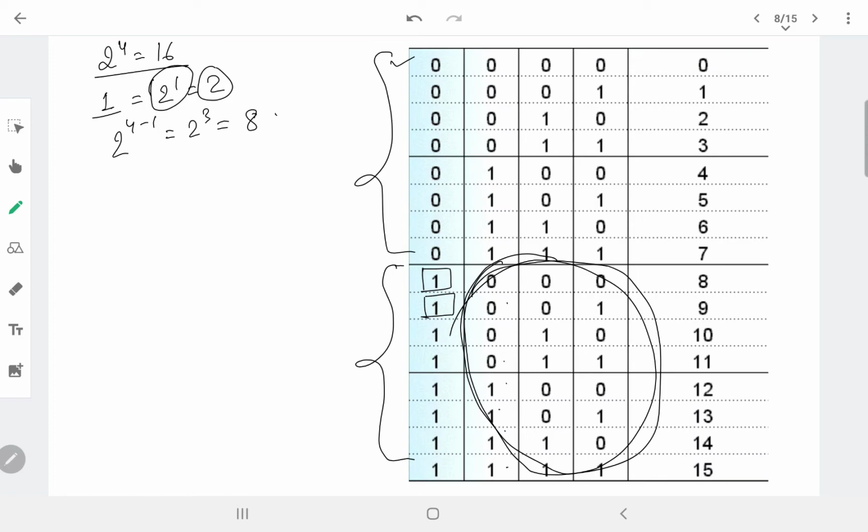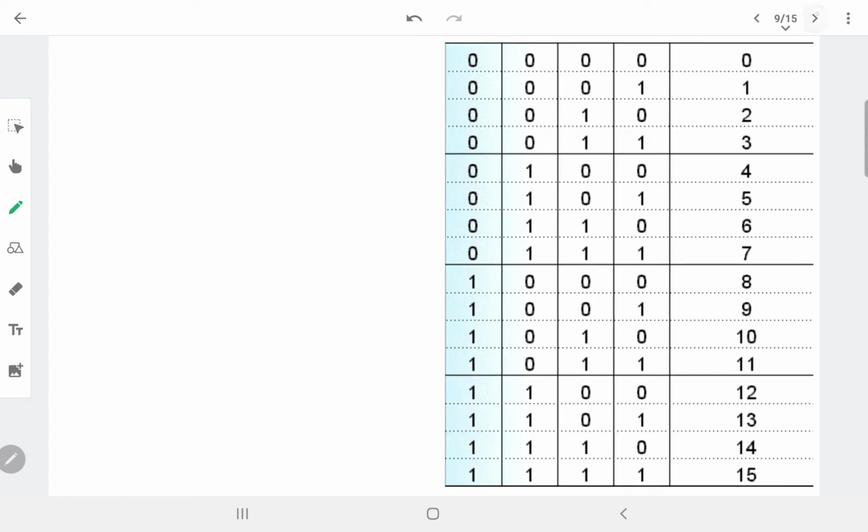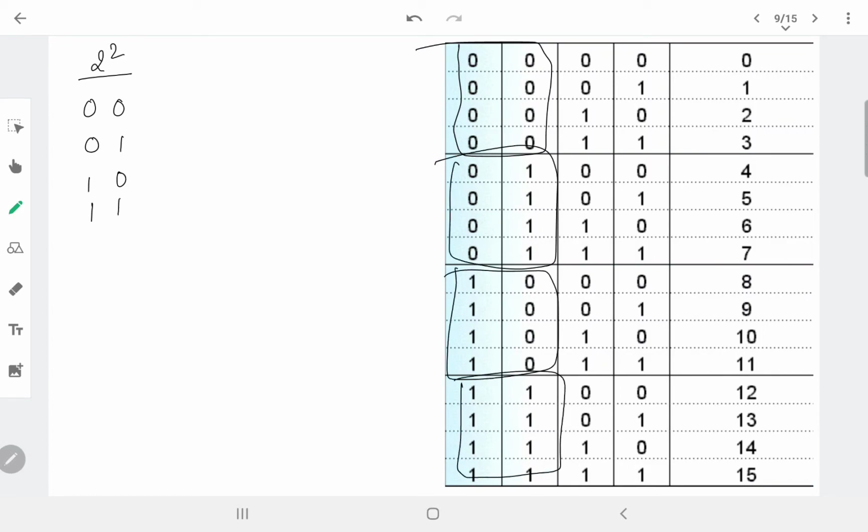So let's see what if we fix the first two numbers. How many ways can we fix the first two numbers? It should be 2 to the power 2. So these are the four ways: 00, 01, 10 and 11. This is the first way to fix the first two digits, this is the second way, this is the third way, and this is the fourth way. So by fixing two digits, we are able to divide the whole set of numbers into four parts, and every part has four numbers, right?